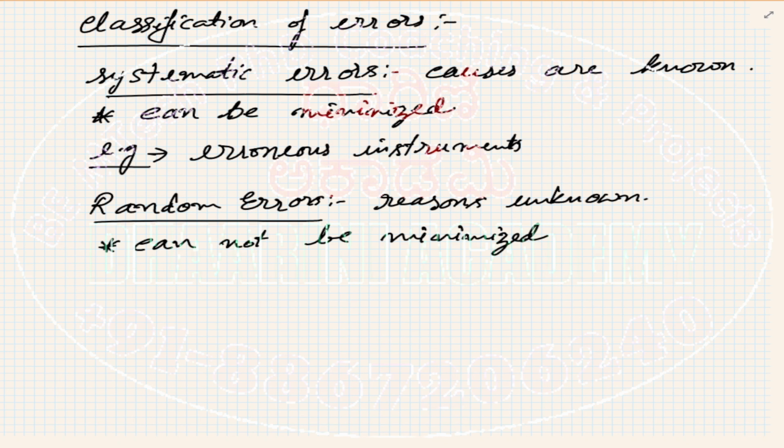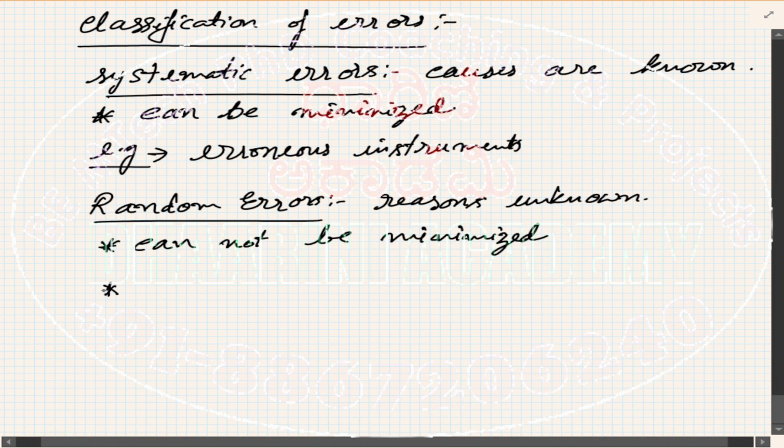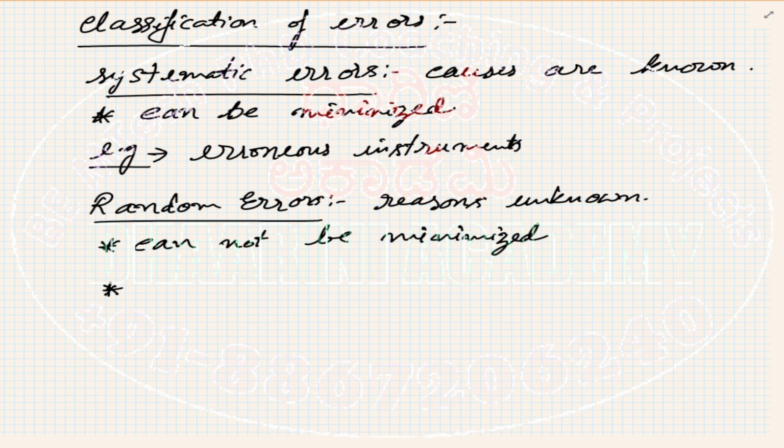What you can do, in order to minimize this kind of error, is repeat the observations many times and take a mean. For example, my intention is to calculate the weight of an object. I measure the weight n times, every time I note it down, and I take the average of all the readings as my final value.